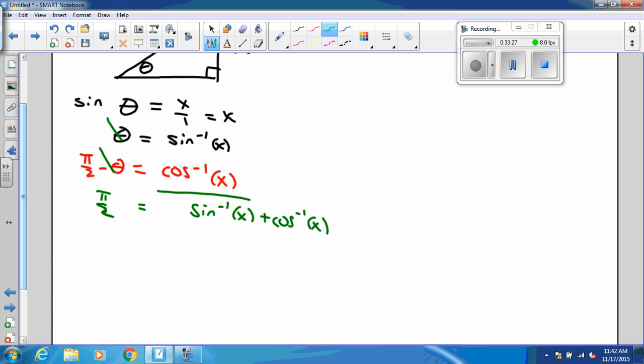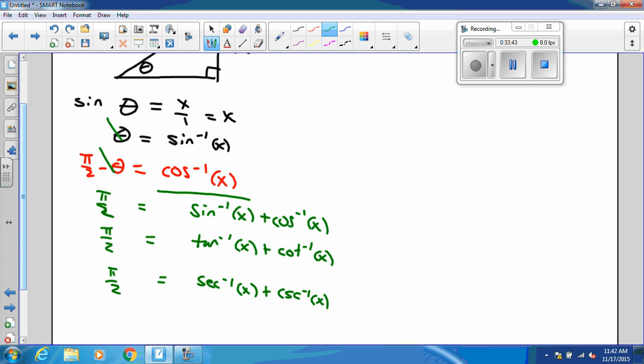And I could do the same thing, I won't, but I could do the same thing for inverse tangent and inverse cotangent. And I could do the same thing for inverse secant and inverse cosecant. And all three of these together are called the cofunction identities for inverse trig functions.